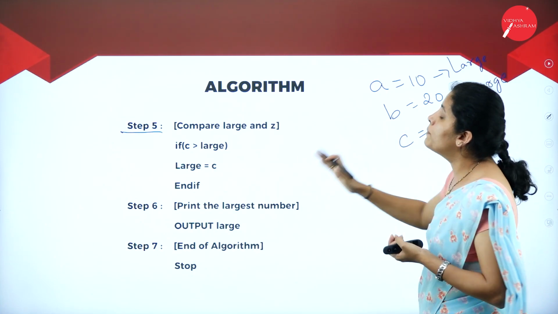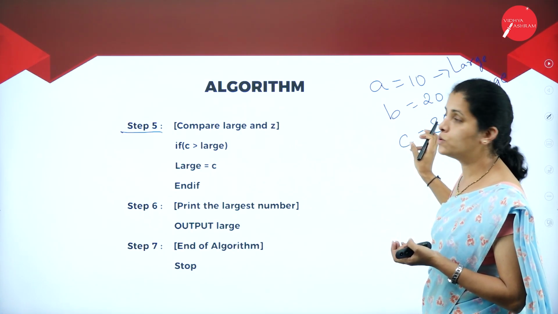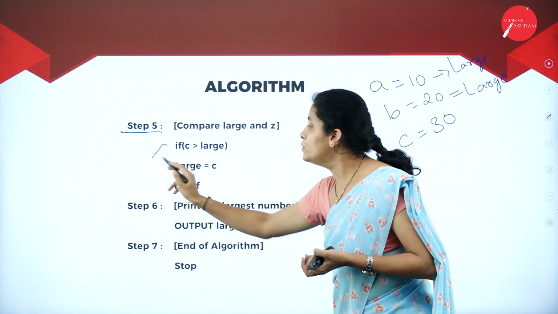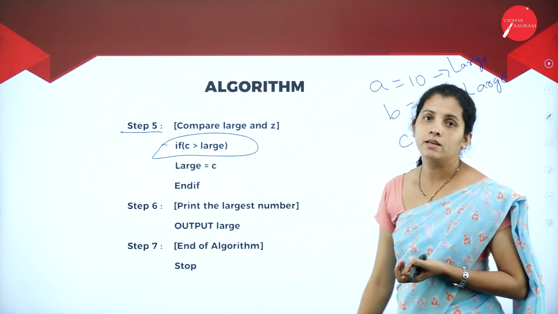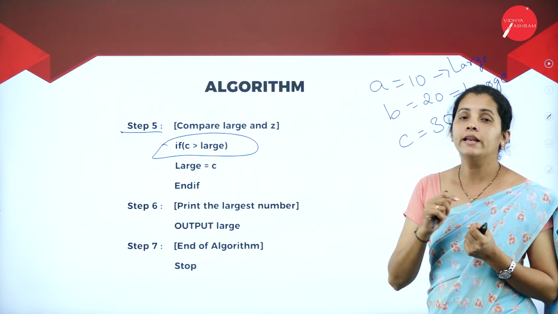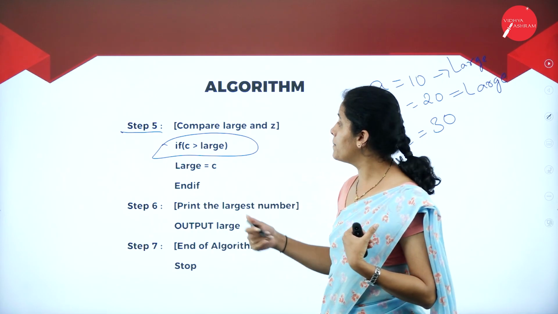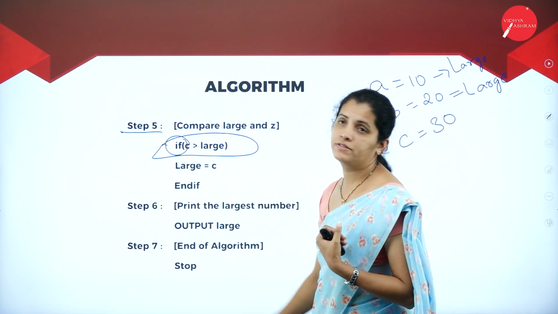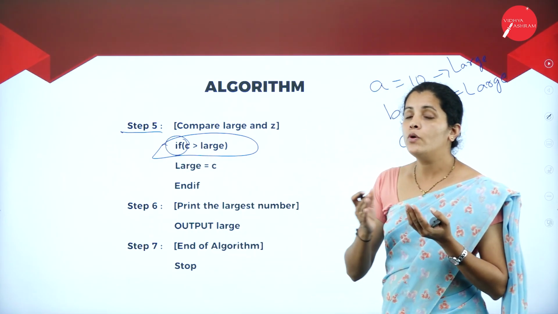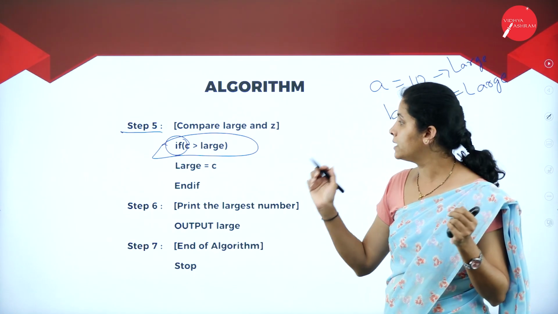Now I'm going to compare this large with the C value. So I'm going to write the if statement because here I'm going to compare two values, and if I want to compare two values in C++ programming, we use the if statement. I'm going to check if the C value is greater than the large value.